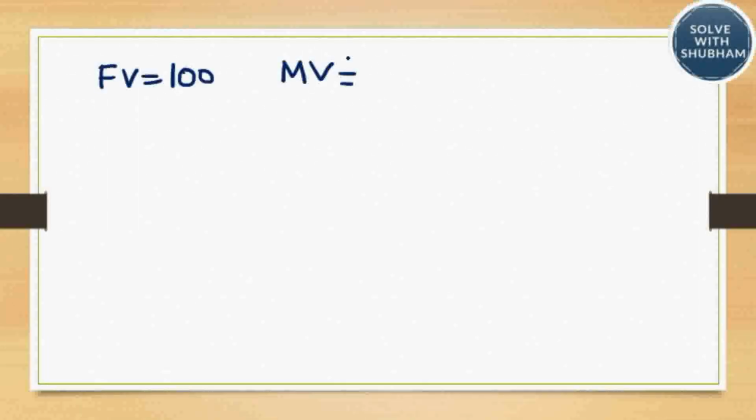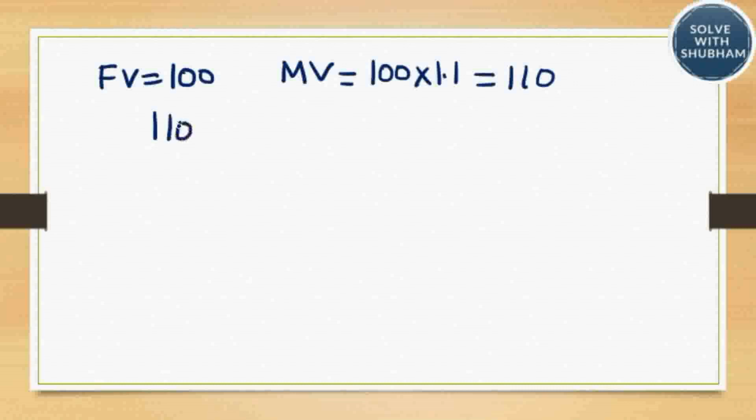So this means your face value is 100, market value 10% premium, so 10% higher than the face value. So this would be 100 into 1.1, 110 rupees.